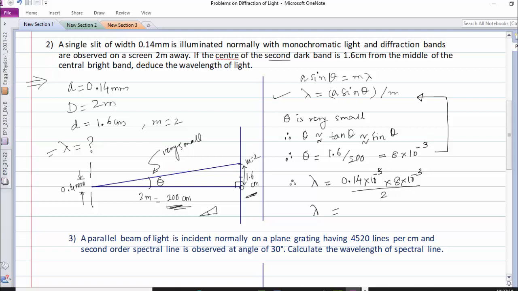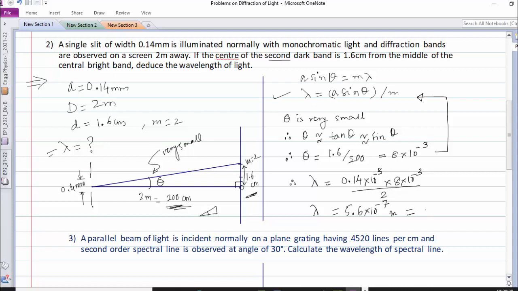I just put these values and solve. So we are getting here 5.6 into 10 to the power minus 7. Now, what is the unit coming out for this wavelength? It is coming out as meter.